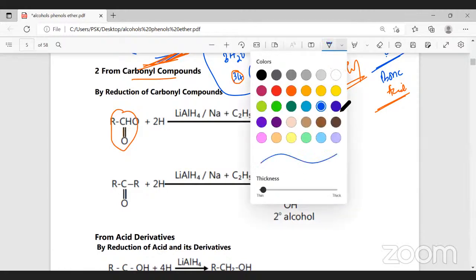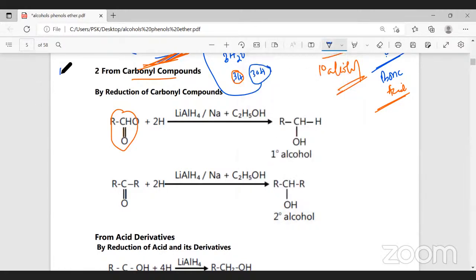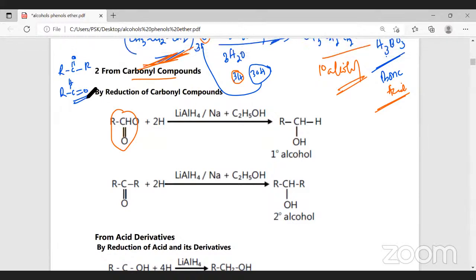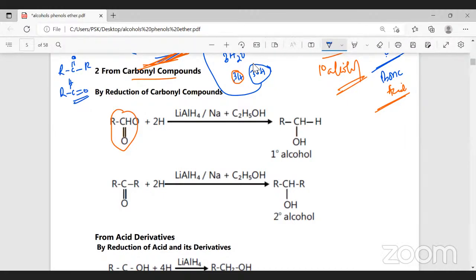What do you mean by carbonyl compounds? Any molecule which contains a C double bond O group is called carbonyl. Ketone contains C double bond O, aldehyde also contains C double bond O, and carboxylic acids also contain C double bond O. So all molecules which contain C double bond O are called carbonyl compounds.